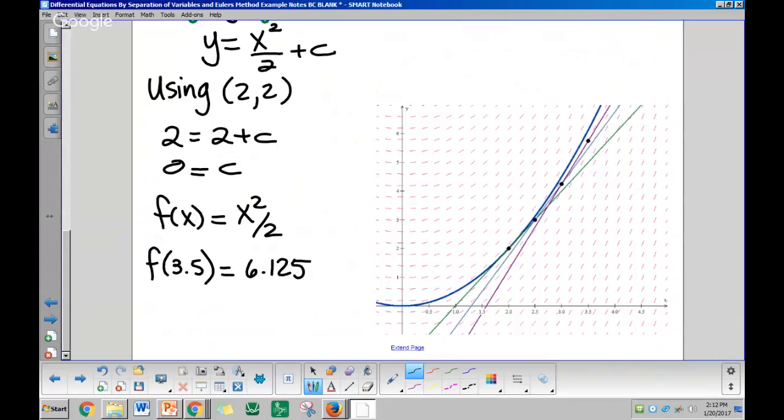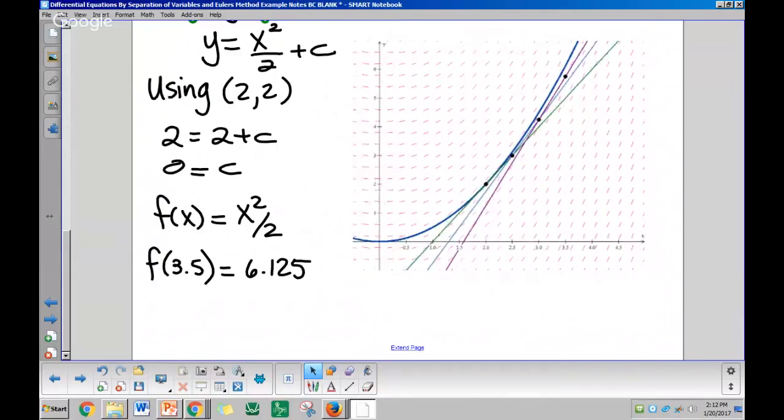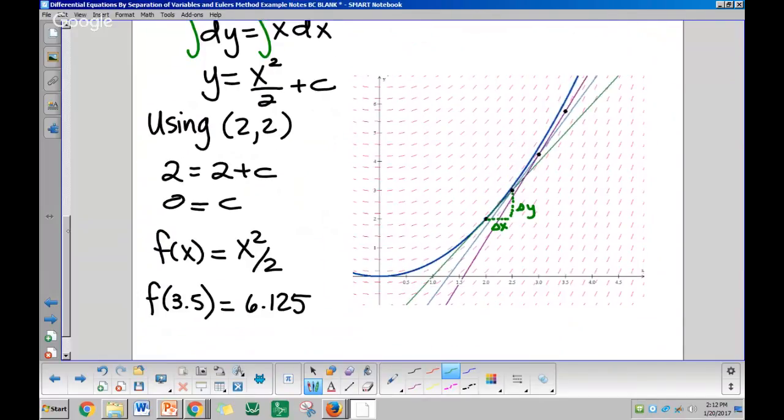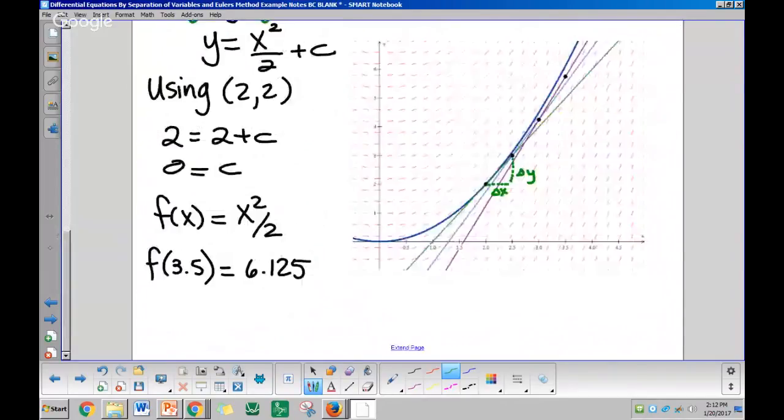So I took the liberty of doing a slope field here, so you can see what was going on. We started at 2, 2, and then we went over 0.5, so this is delta x, and then we estimated how high we were going to go, which was delta y, and created a new point, which was 2.5, 3.